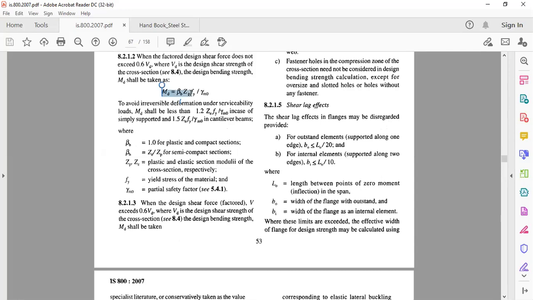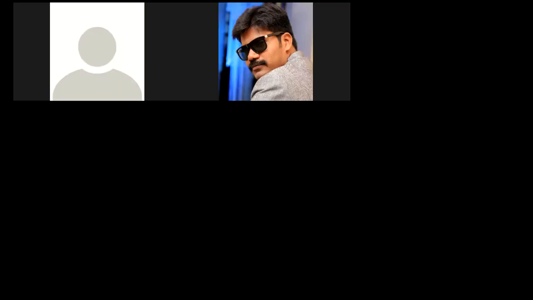So this is the formula for Mdz and Mdy. It should be less than 1.2 times Ze into Fy by gamma m0. This is the condition, for a simply supported beam. Let us move on to the calculation of Mdz and Mdy.